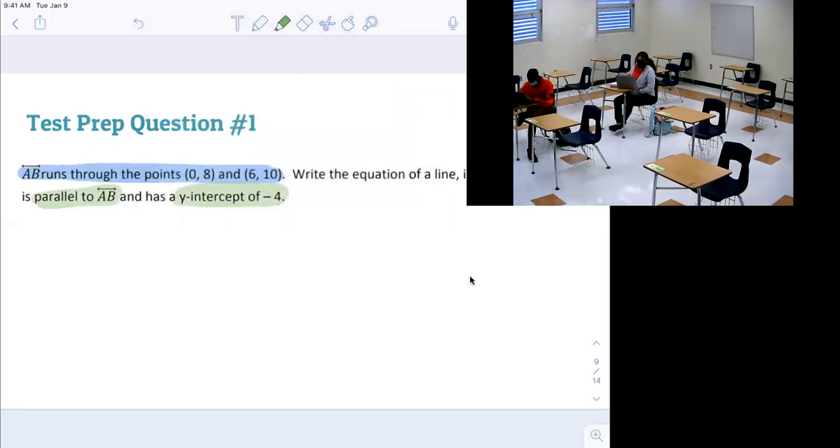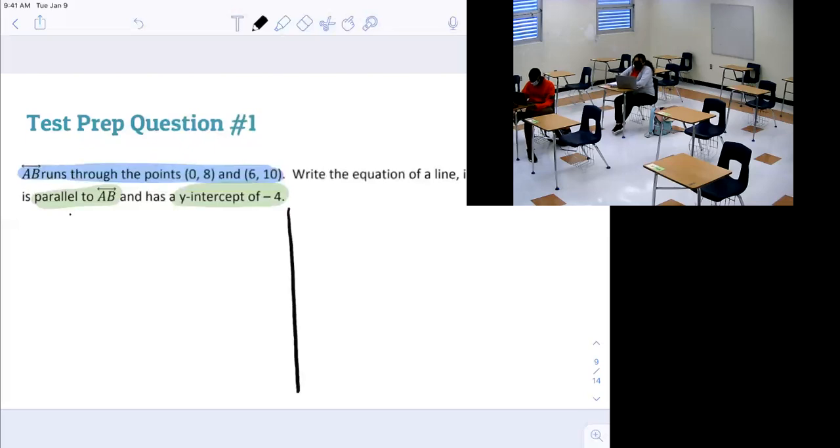Do I know the equation of AB? Does it give me the equation for AB anywhere? No. All I know about AB is that it passes through those 2 points. So I'm going to basically need to do 2 different things.